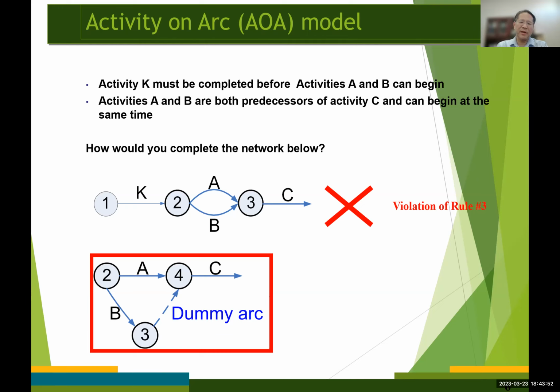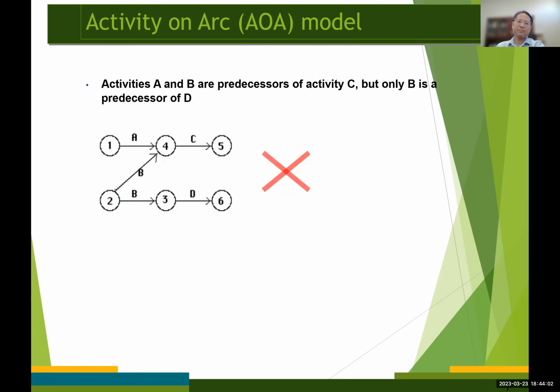But it does not violate the rule that two nodes can be connected by at most one arc, okay?